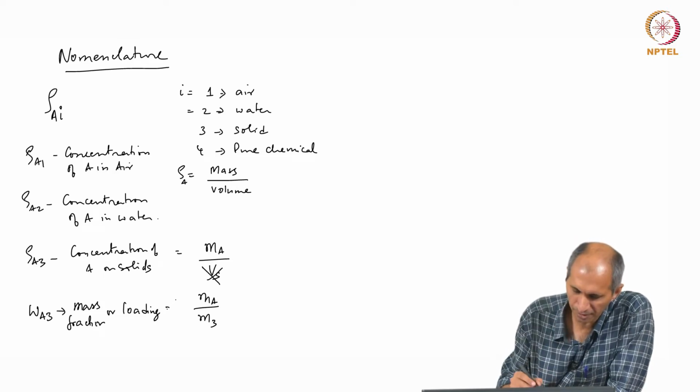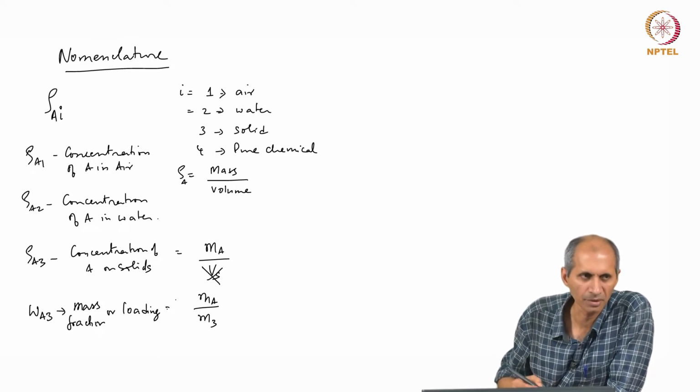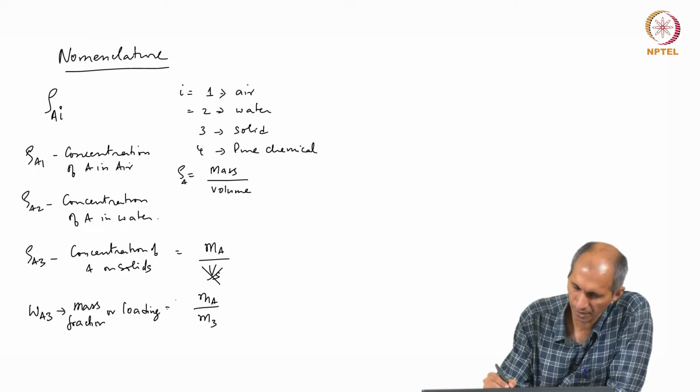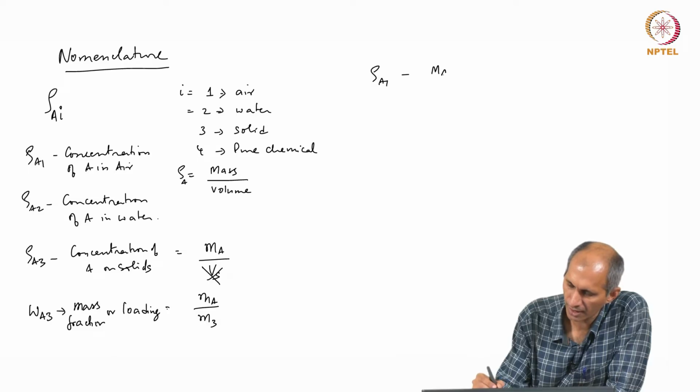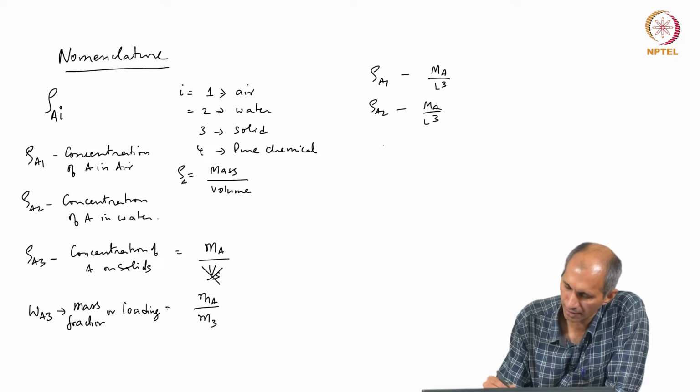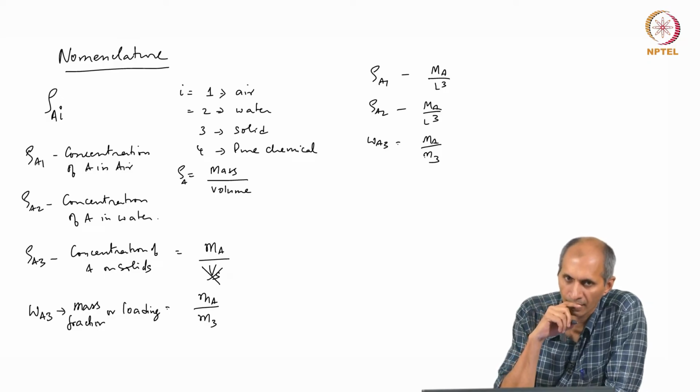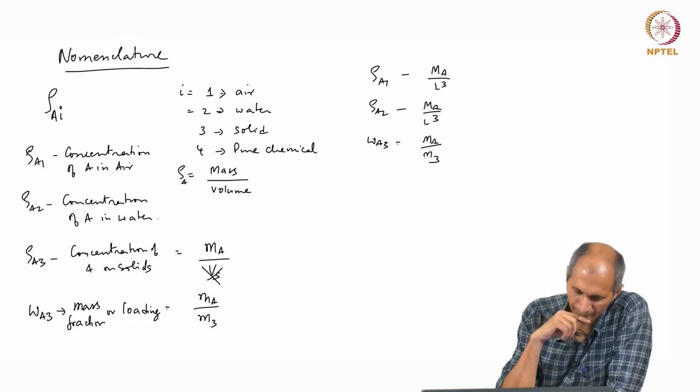I also like to use dimensions instead of units. So in terms of dimensions, rho A1 is Ma by L cubed. This L is the volume of air. Rho A2 is Ma by L cubed again. WA3 is Ma by M3.